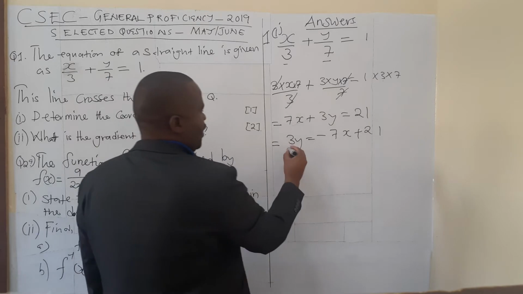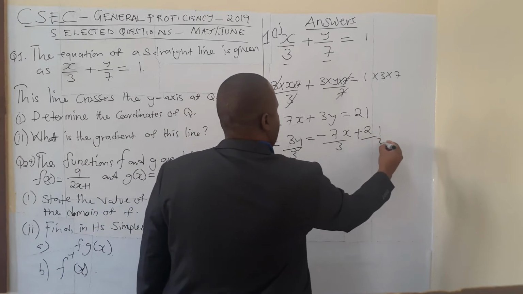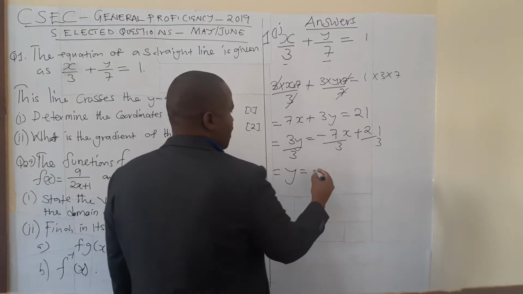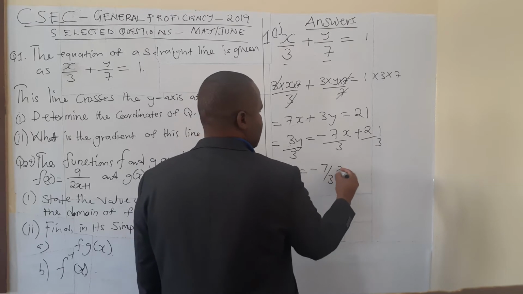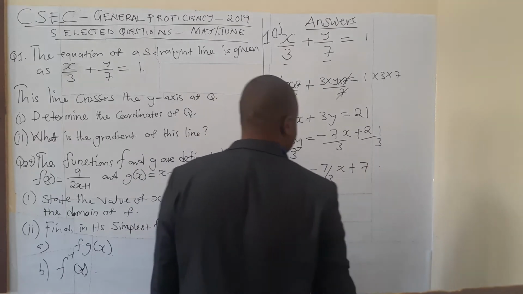Our interest is to find y, so we can divide by 3, and divide by 3, and divide by 3. So what are we saying? Our y is equal to negative 7 over 3 x plus 7.